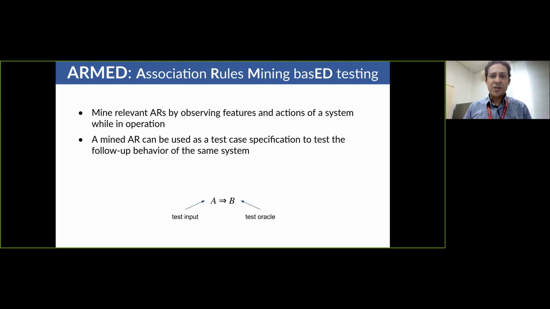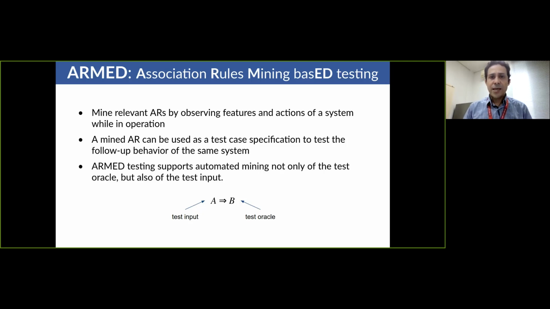The left part of the association rule is taken as a test input, and the right part, the implication, as a test oracle. In this way, armored testing supports automated mining not only of the test oracle, but also of the testing input.